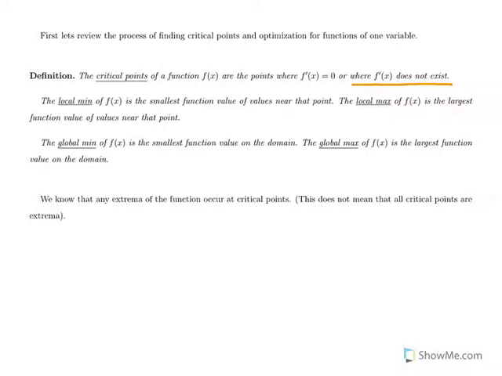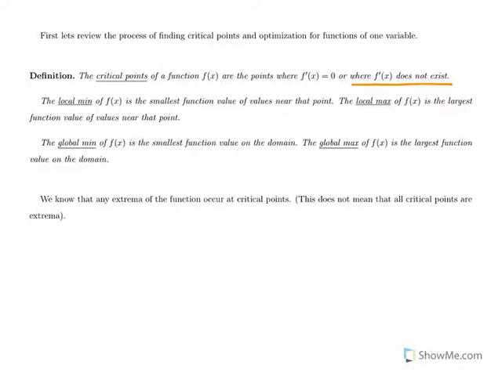The local min and local max of a function are going to be the smallest and largest function values when you look at just near that point. So for instance, a local max might be the top of a mountain in Rhode Island or in the Appalachian Mountains, but it doesn't mean that it's the largest point on Earth. That would be Mount Everest.